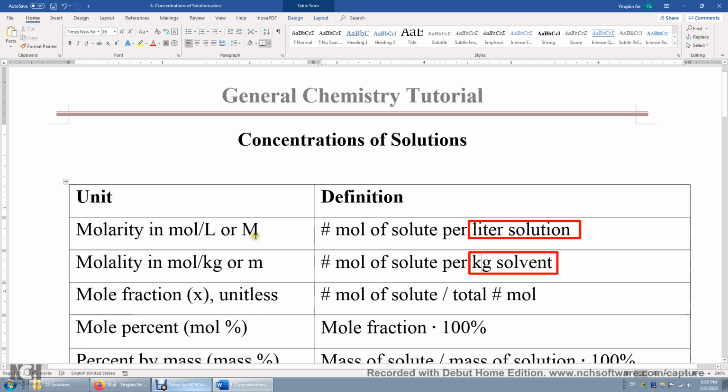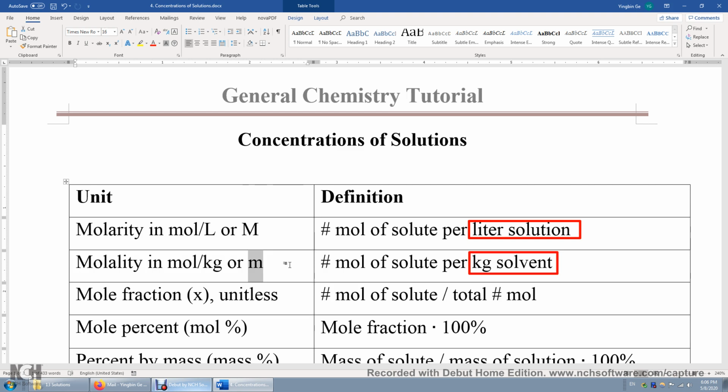And sometimes 1 uppercase M is roughly equal to 1 lowercase m. What's the reason? Usually if we are using water as the solvent in a fairly dilute solution, if you use 1,000 grams of water, the final volume of the solution is roughly 1 liter.